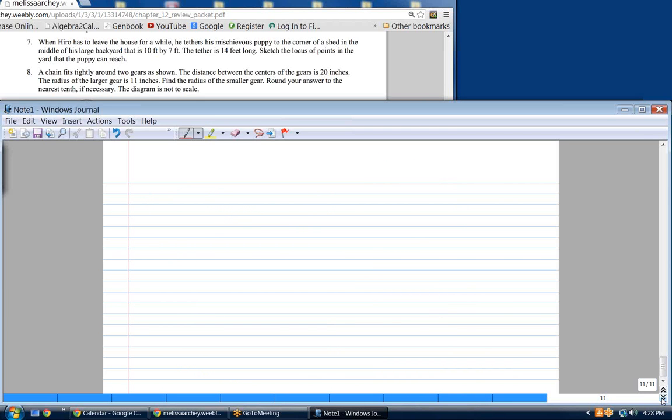Okay. The chain fits tightly around 2 gears. There's one gear. There's another gear. There's the chain wrapped around the outside of that gear. The distance between the centers of the gears is 20 inches.